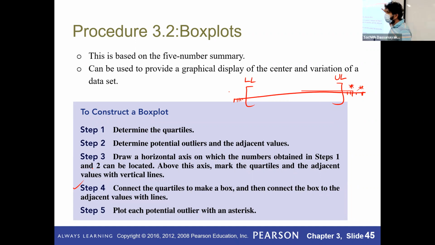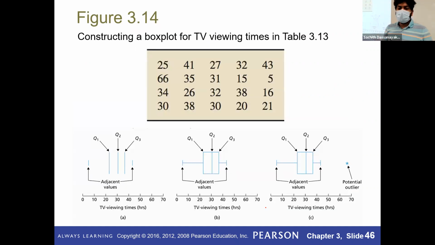You don't need to mention the lower bound and upper bound. Just the 5-number summary plus outliers, if you have any, using asterisk marks, star marks. You can see this down below here.